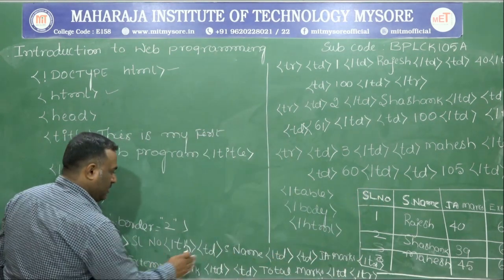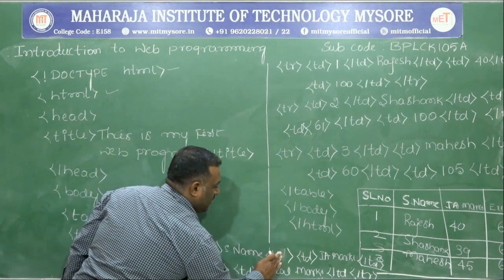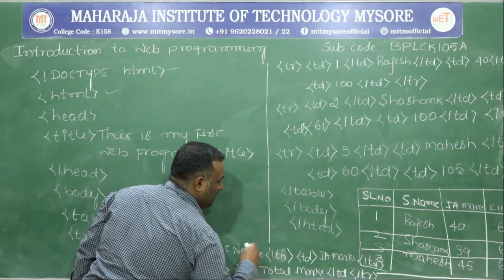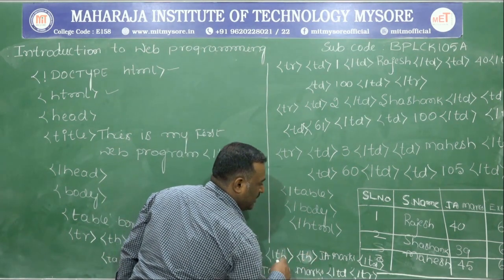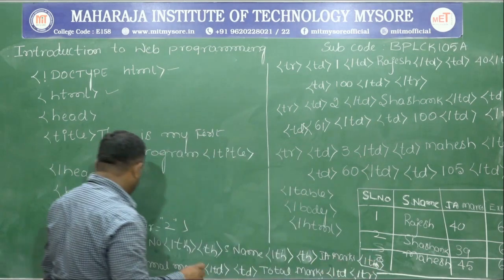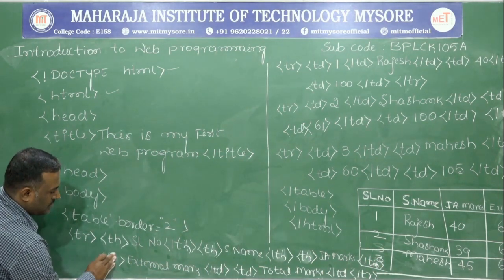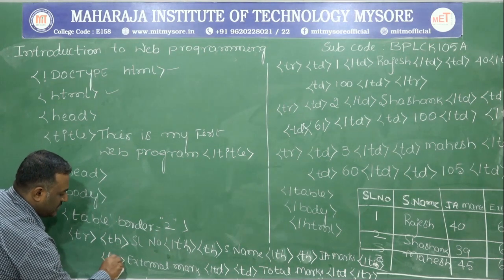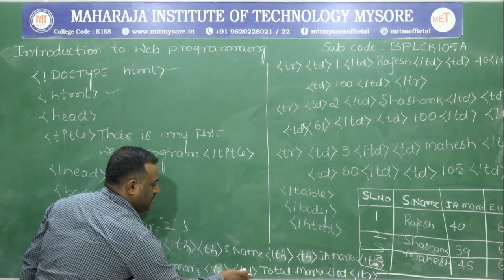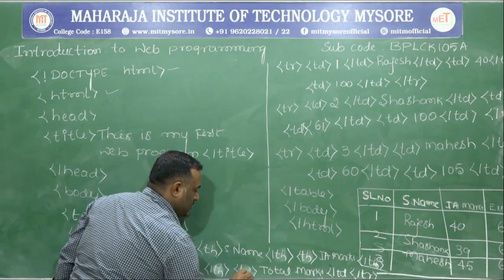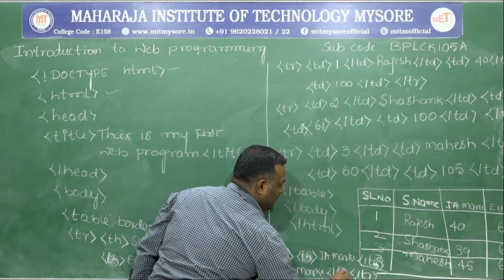Next, similarly, just change the TD to TH and then ending of the TH, TH, end of the TH, one more TH and then end of the TH.